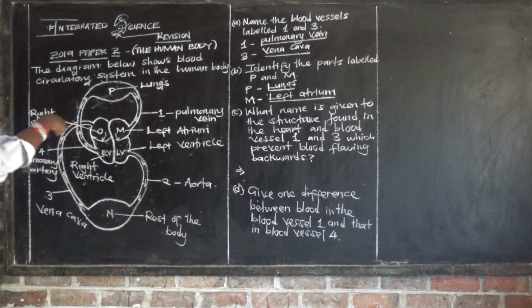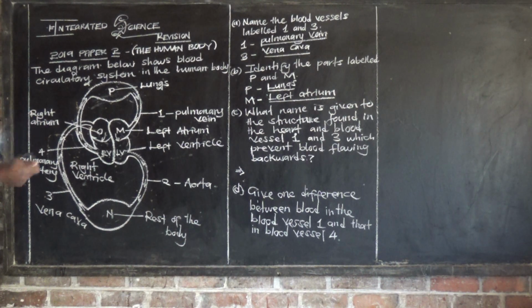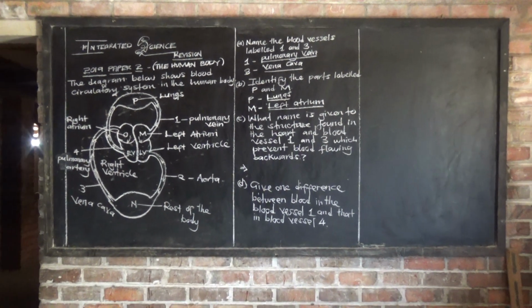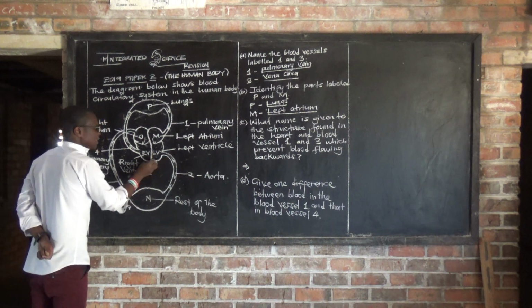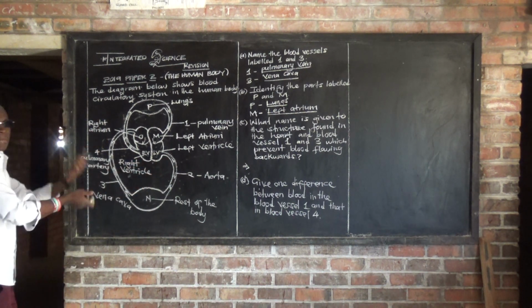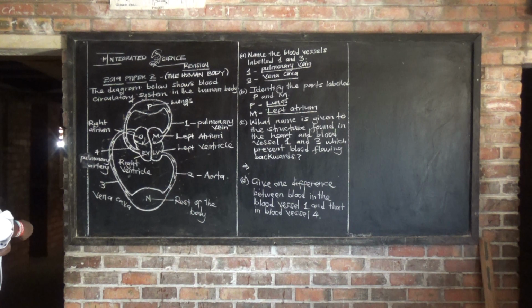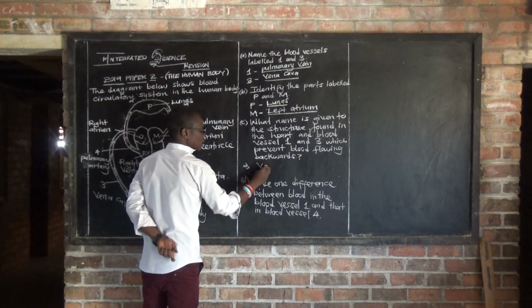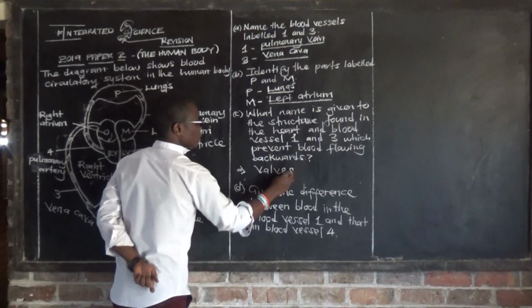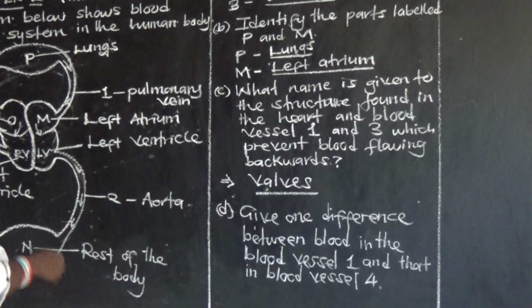So these valves help to prevent the backflow of blood, preventing blood from flowing backwards. Are we moving together? So the answer is valves.